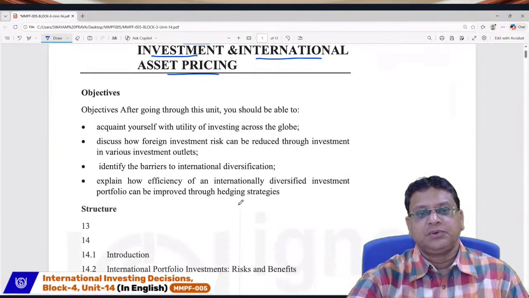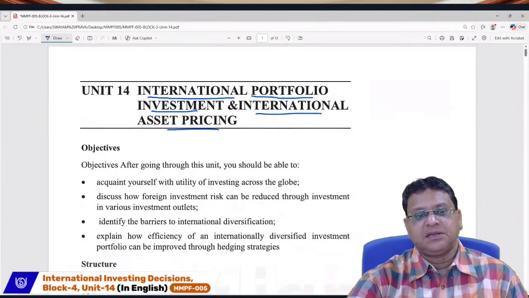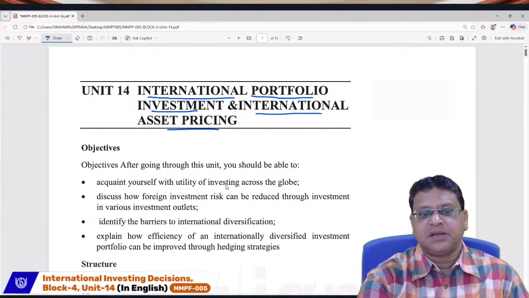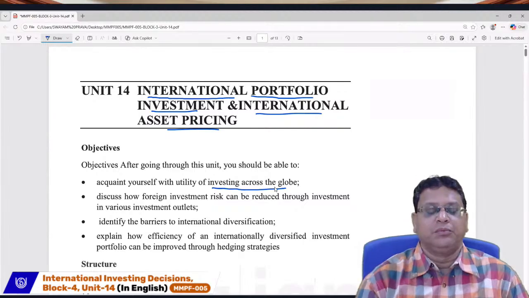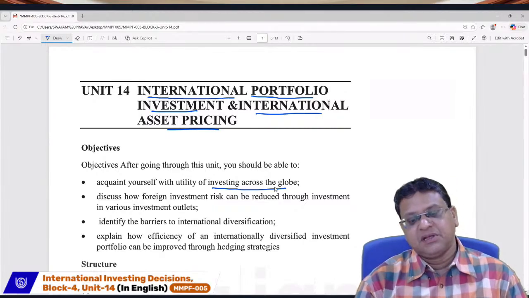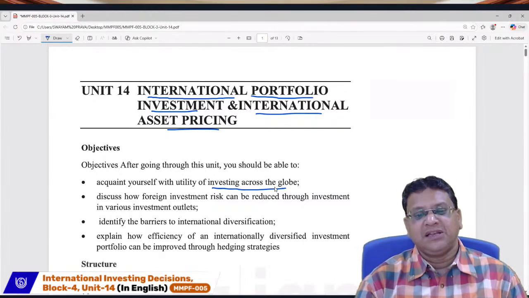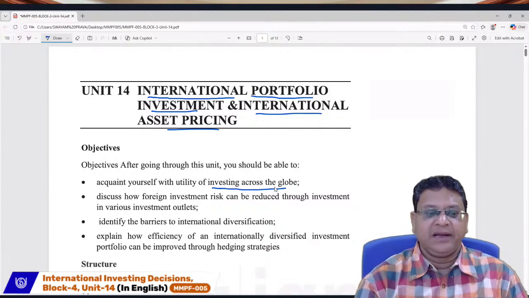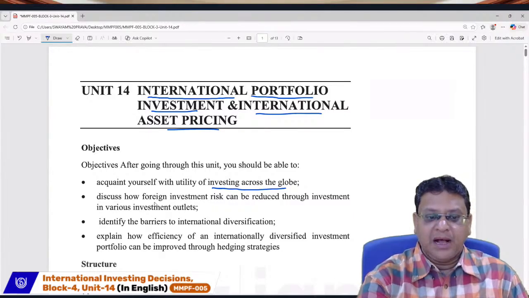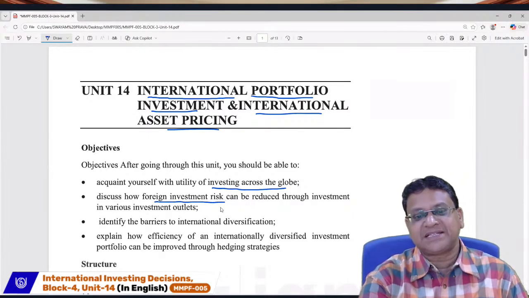After going through this particular class, you can acquaint yourself with the utility of investing across the globe. What are the benefits of international investments? You can know international portfolio investment, and you can know how foreign investment risk can be reduced through investment in different instruments outside the country.